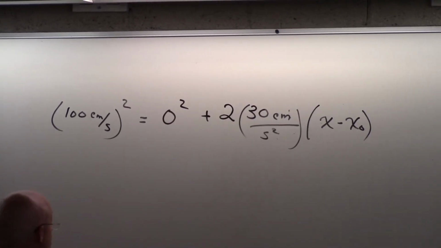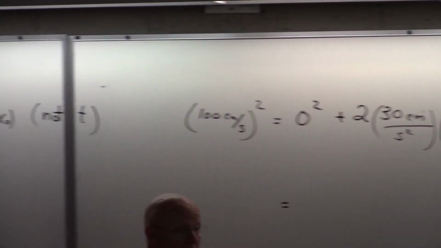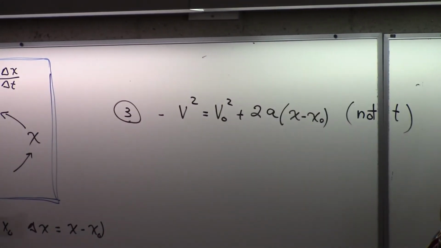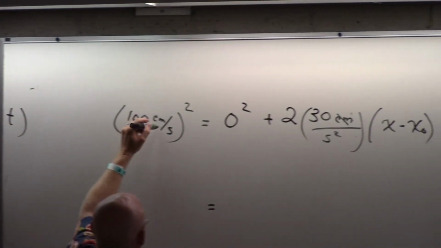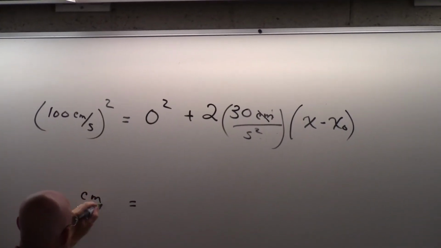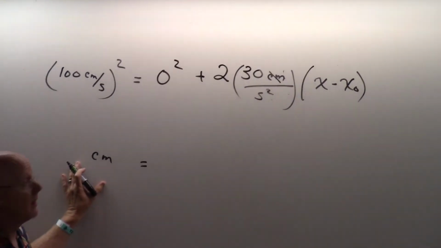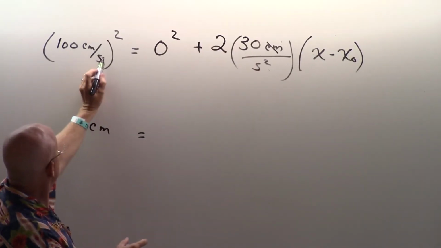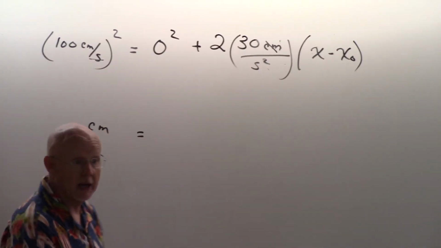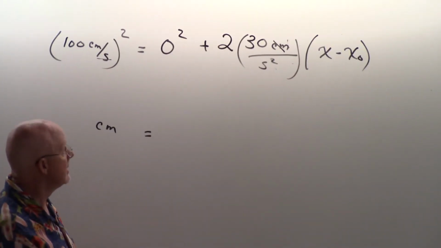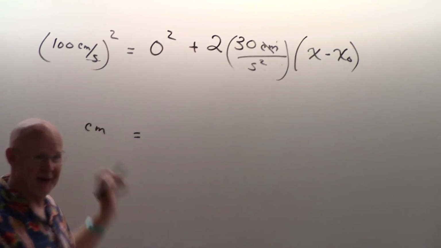Now, maybe I'll start with the units, because centimeters squared on this side with a centimeter means one of them will cancel, and on this side you'll be left with centimeters. Downstairs, you will have seconds squared, which would cancel with the seconds squared on that side, which is great because we want the units to come out to be centimeters.